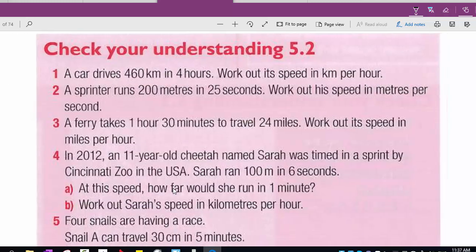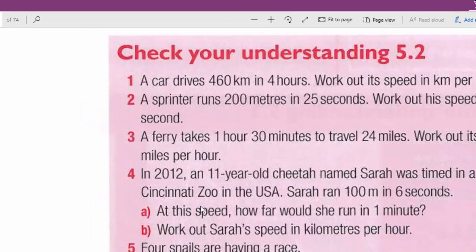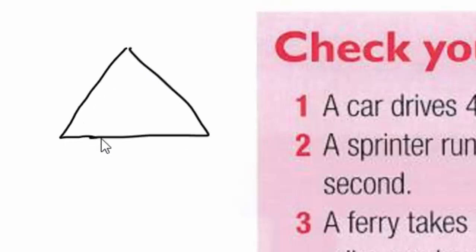Speed, distance, and time. Whenever you work on questions like speed, distance, and time, memorize this triangle. That helps a lot. In the triangle, S stands for speed, T stands for time, and D stands for distance.